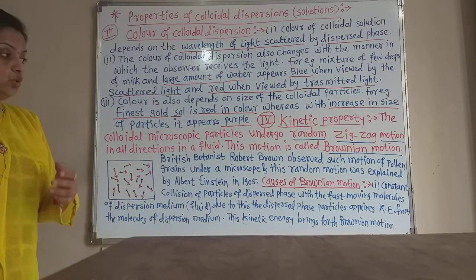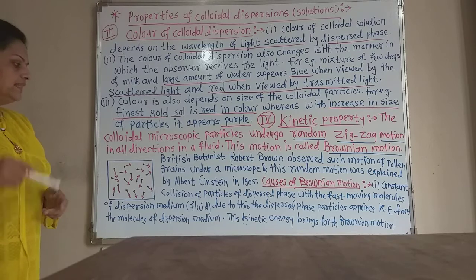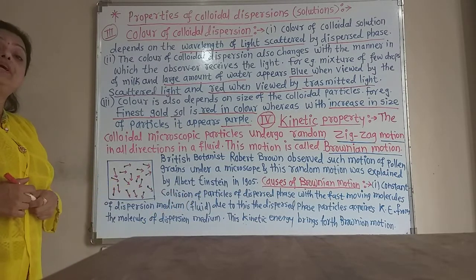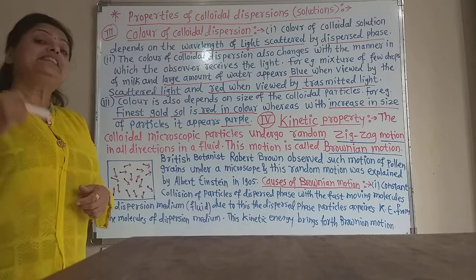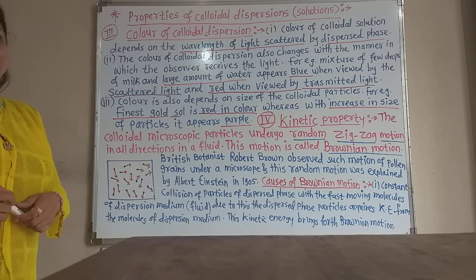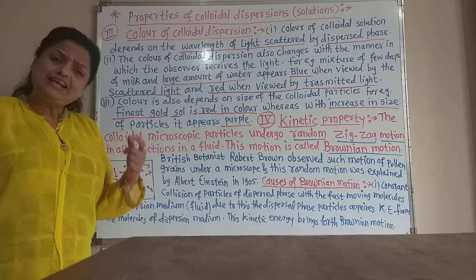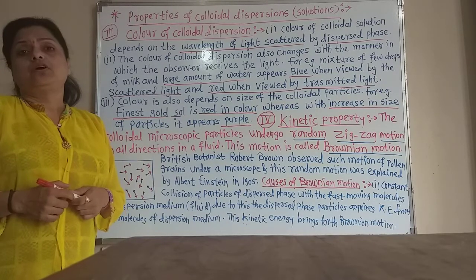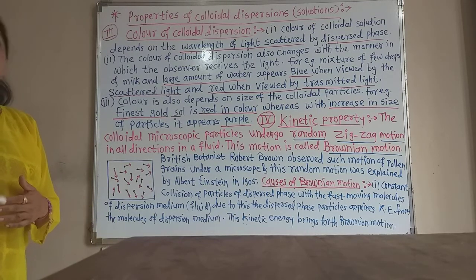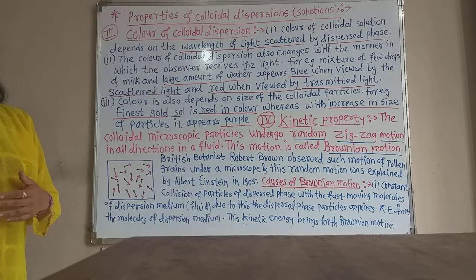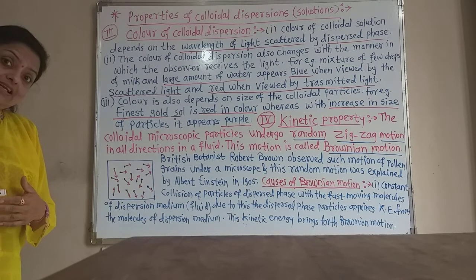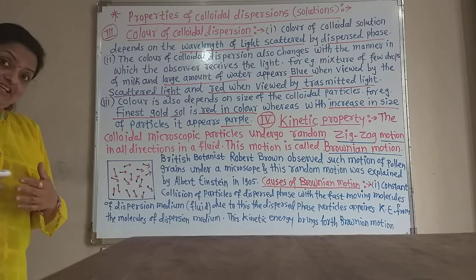Now there are two reasons. First, there is constant collision of these dispersed phase particles with the molecules of the dispersion medium. There is constant random collision, they get bombarded on each other, that is the particles of the dispersed phase and the molecules of the dispersion medium. Due to that, they get kinetic energy.